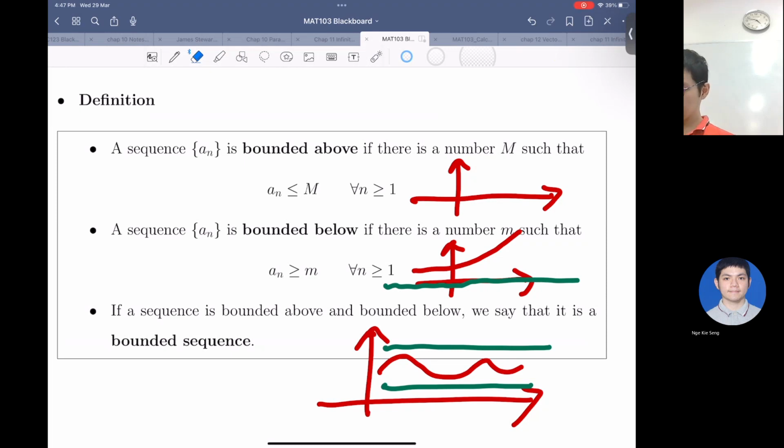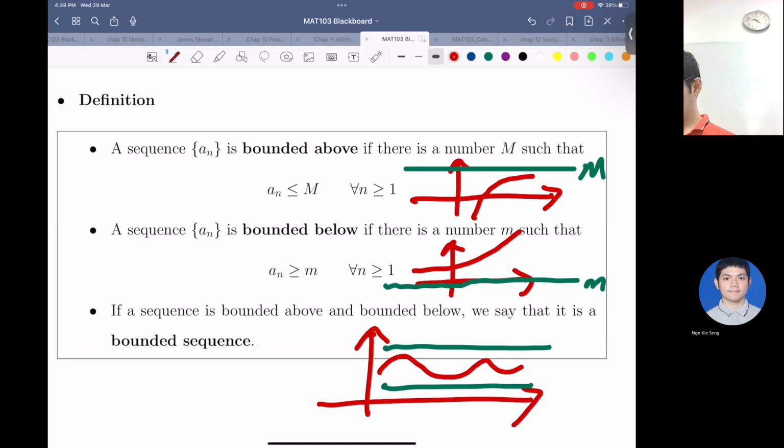You want all your sequence to be below some limit, some M. I put this as M, and then maybe I draw some graph like this, a piecewise of 1 over x, maybe minus 1 over x.